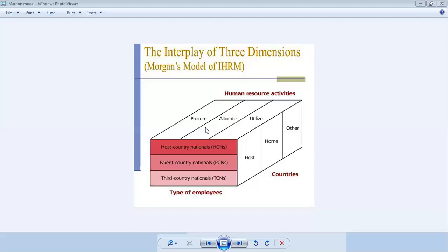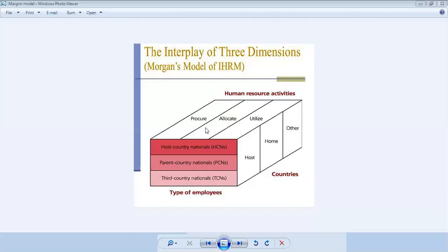The employees who are working in that country, say in Japan or America, and who are of the same country, say people of America or Japan working in the Indian company's organization in their host country. So America and Japan will be the host countries, and the employees there are HCNs.